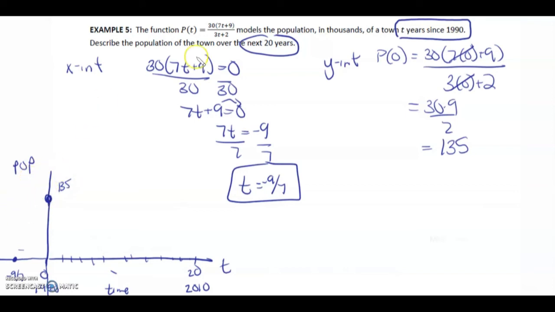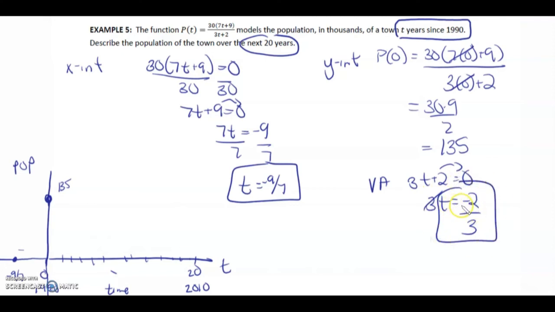Okay. Now, our vertical asymptote is when the denominator equals 0. Bring that over. 3t equals negative 2. t equals negative 2 over 3. So we're going to have some vertical asymptote here, where we approach, say, infinity.